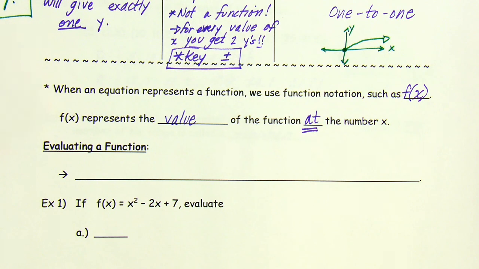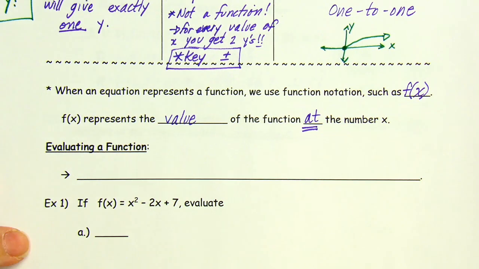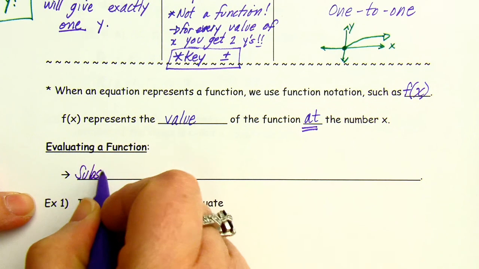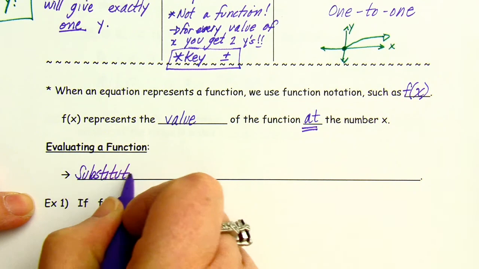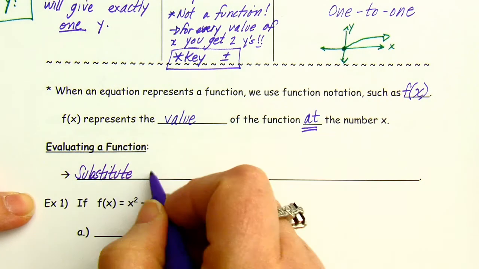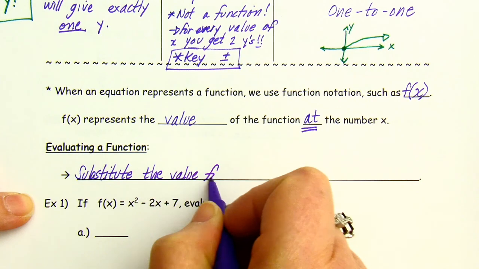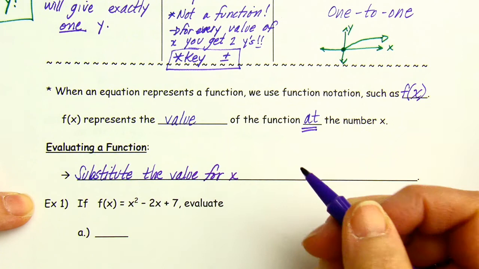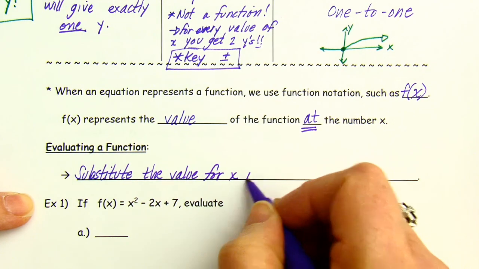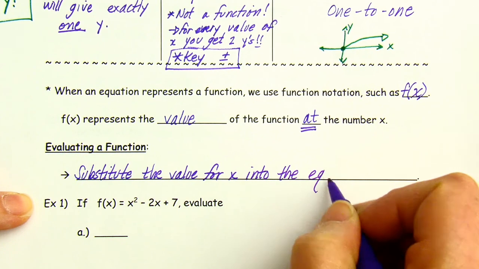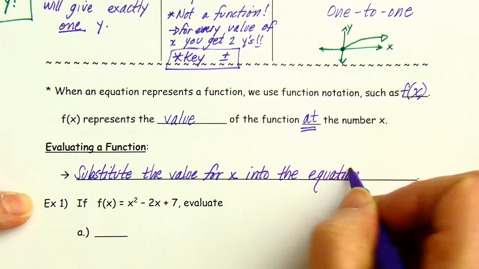And the y is the value of the function at that given value of x. When we're evaluating a function, you substitute the value for x into the equation of the function.